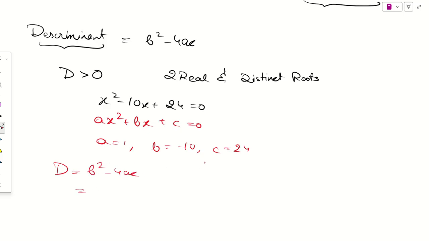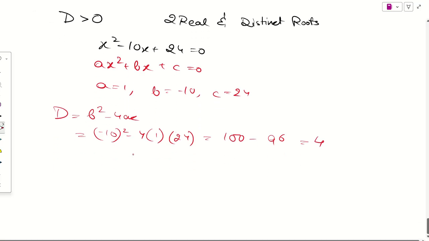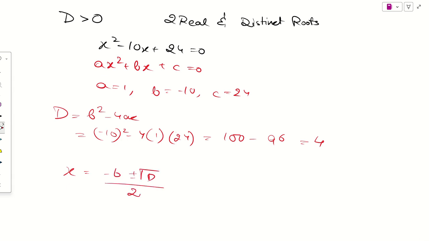We know that b is minus 10, a is 1, and c is 24. So from here we have D as 4. So it's greater than 0, right? If I put this D in the quadratic formula, that is minus b plus minus under root D upon 2a.